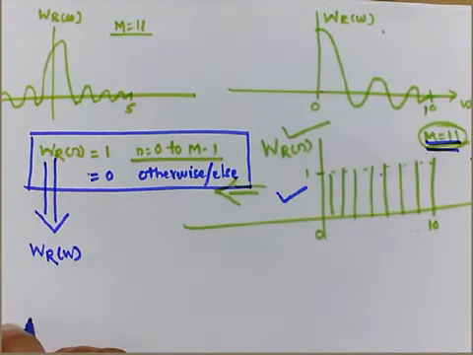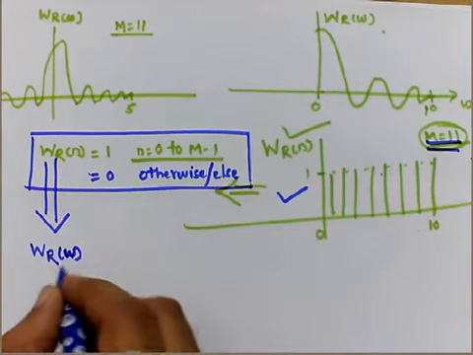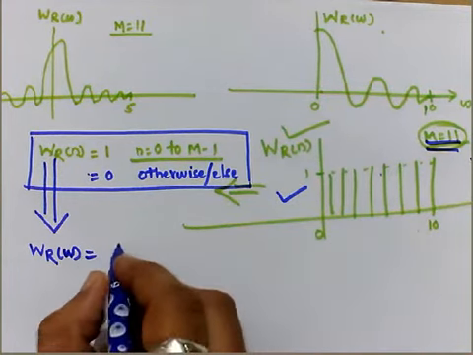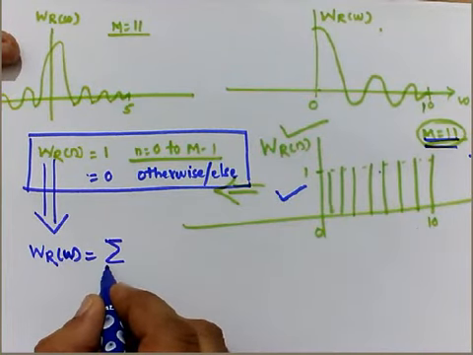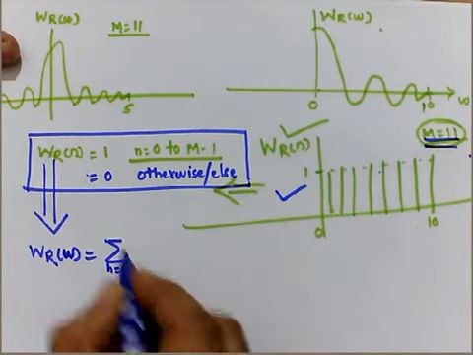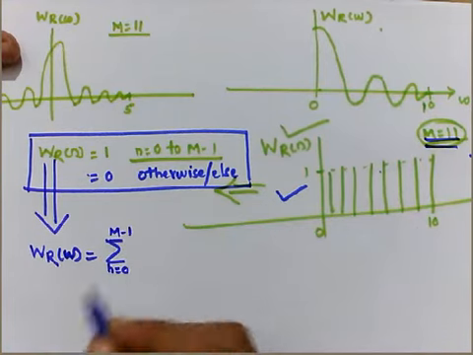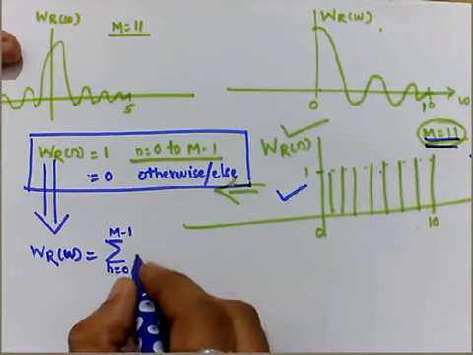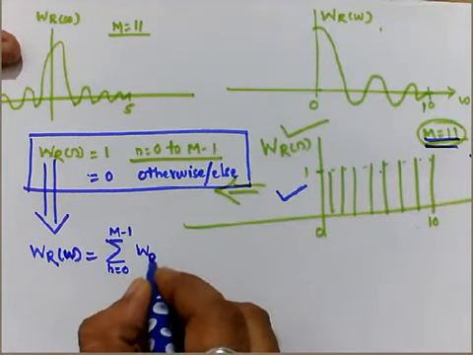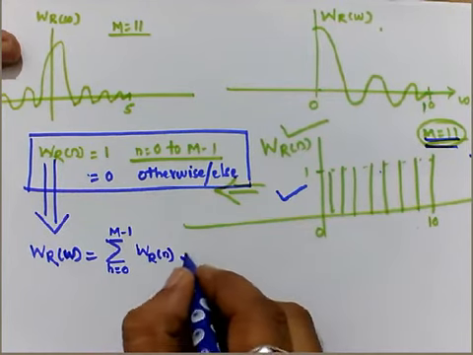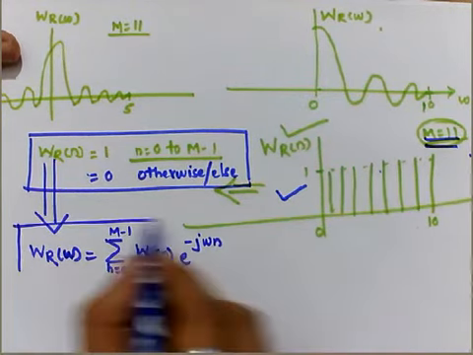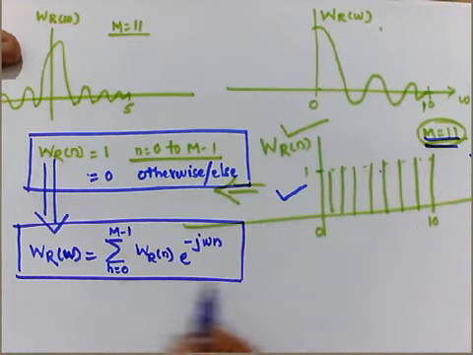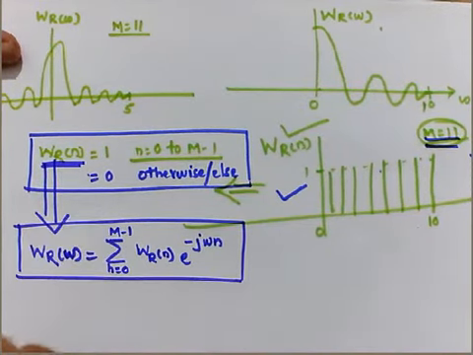To get the Fourier transform for this, we need to write the equation for the Fourier transform. What is it? It is summation ranging from n equal to 0 to M minus 1, WR of n, that we have already done, into e raised to minus j omega n. This is the Fourier transform for the given WR of n.